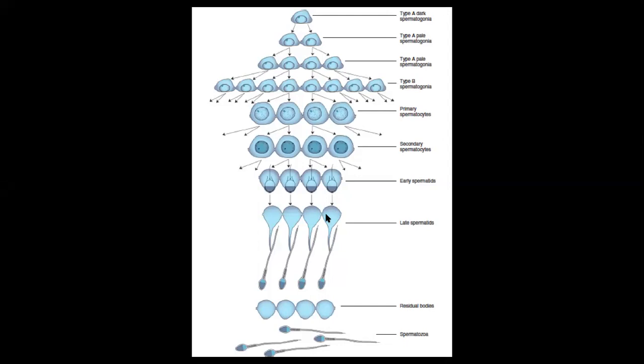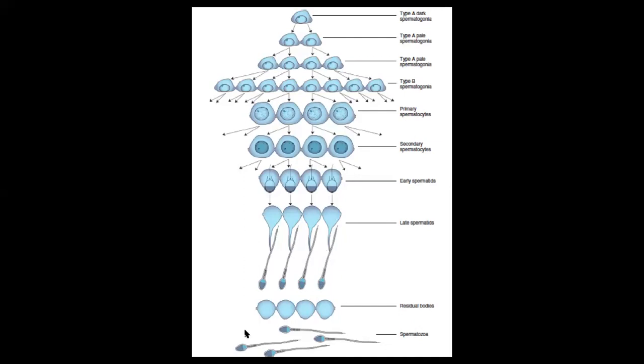That means the cytoplasm and everything, extra cytoplasm is all removed off, because we need slim fellows who can go very fast. Okay, we don't want bulky fellows. Okay, we don't want extra weight. So all this extra weight is removed off and we get slim and trim sperms. Okay, so this process of conversion of cell body shape is called spermiogenesis.